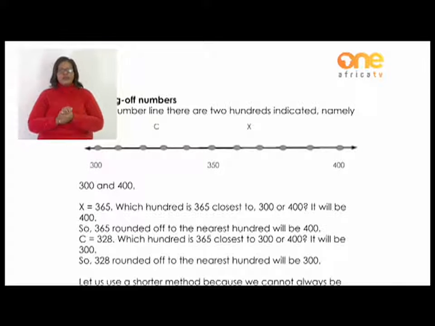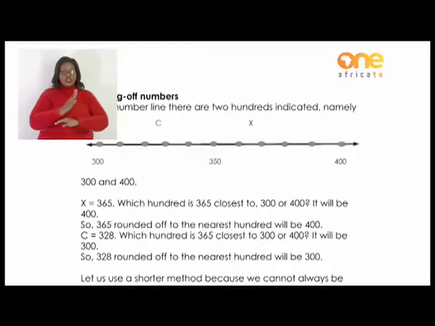On this number line, there are two hundreds indicated, namely, there is a 300, there is a 400, in the middle there is 350, there is also a C, and there is X. If you look at the hundreds which are given there, below is 300 and 400.